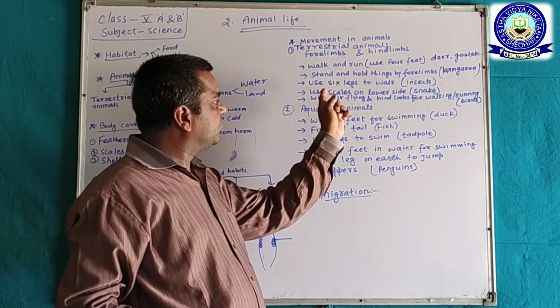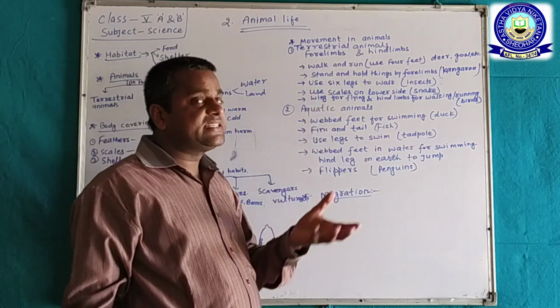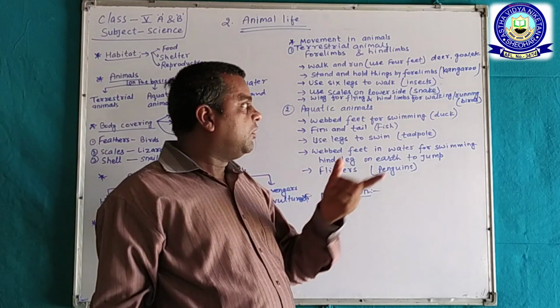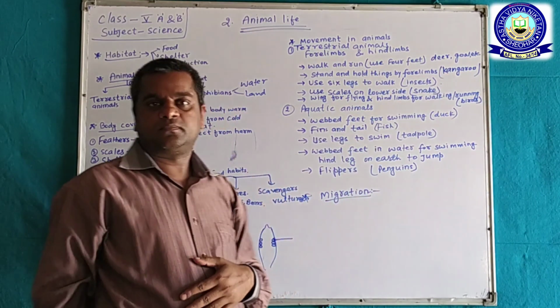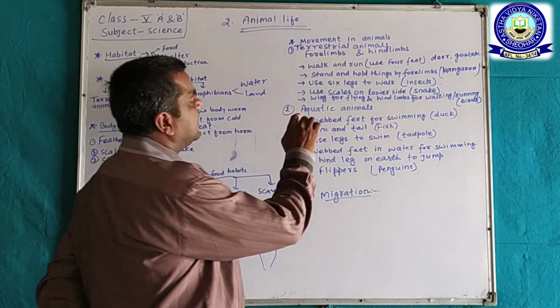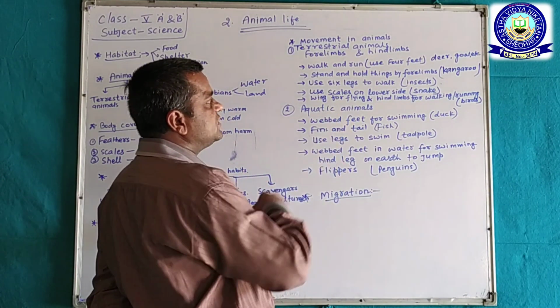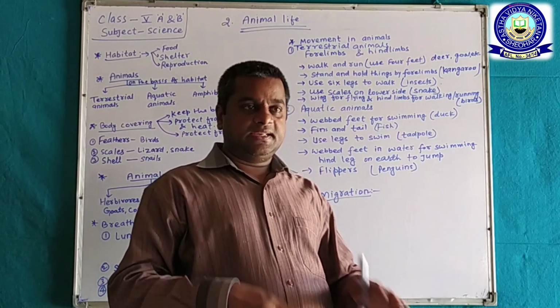Next, those animals which use six legs to walk on the land, that is insects. Now, some animals use scales on the lower side. It means snakes.